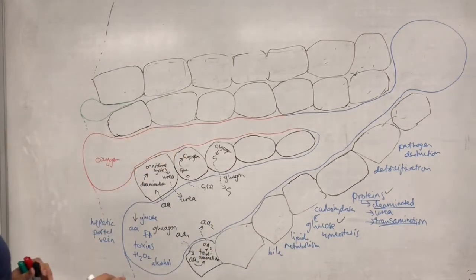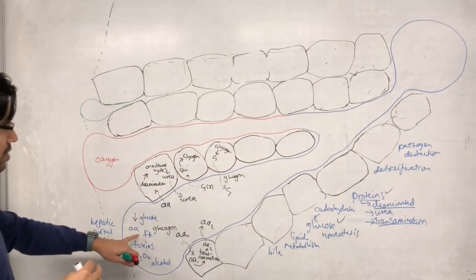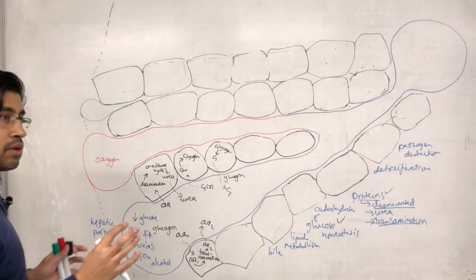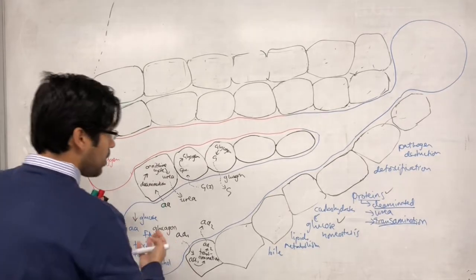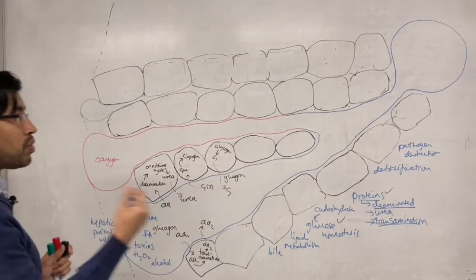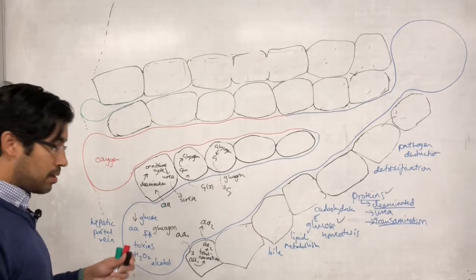Let's talk about lipids. Okay, so in the situation where you've just had a meal, there are high levels of fatty acids in the blood, glycerol also, and this would flow past to the cells. What do these hepatocytes do with that?